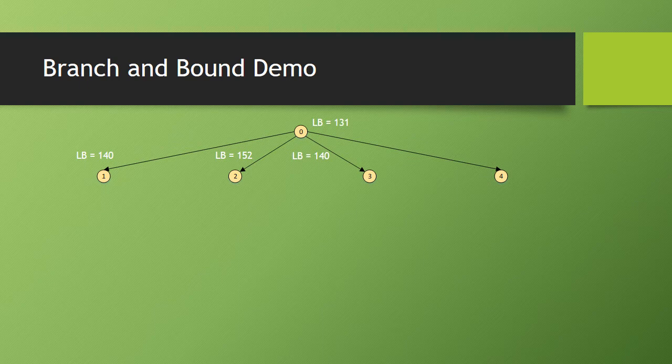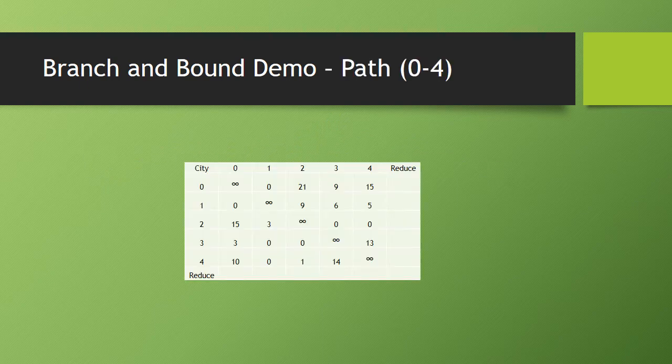And now we explore 0 to 4. So you know the drill. We make row 0 infinity, and column 4 infinity. And then we're not traveling back from 4 to 0, so that also becomes infinity.